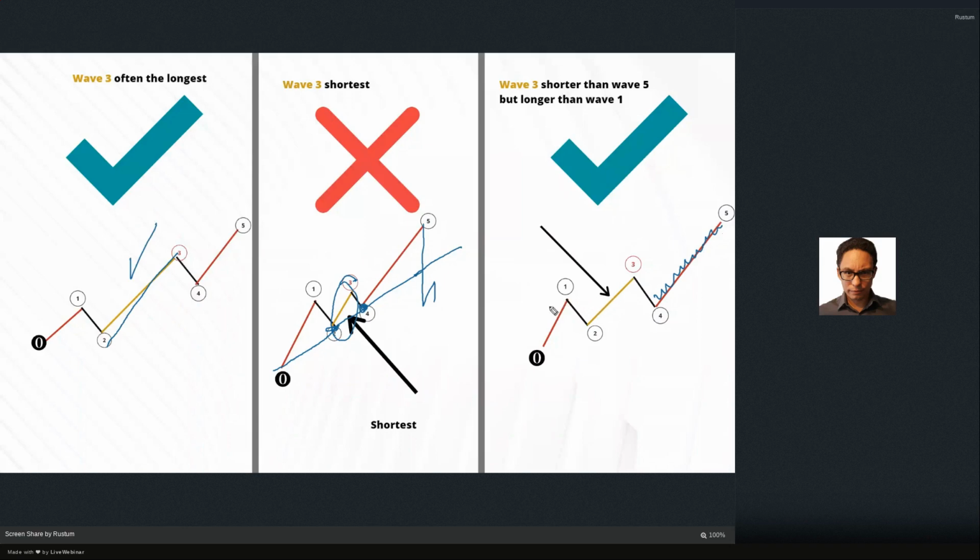However, it is not the shortest of the motive waves. So in this case, this one is the only one that is nullified. So I would be looking at a trend line break in this situation here.